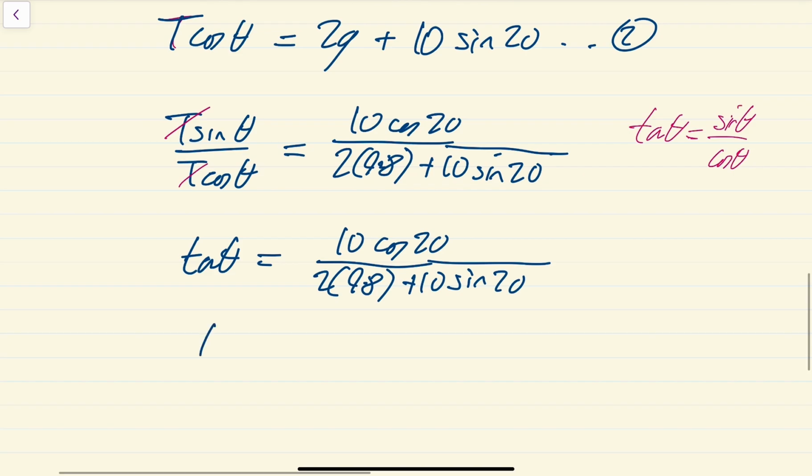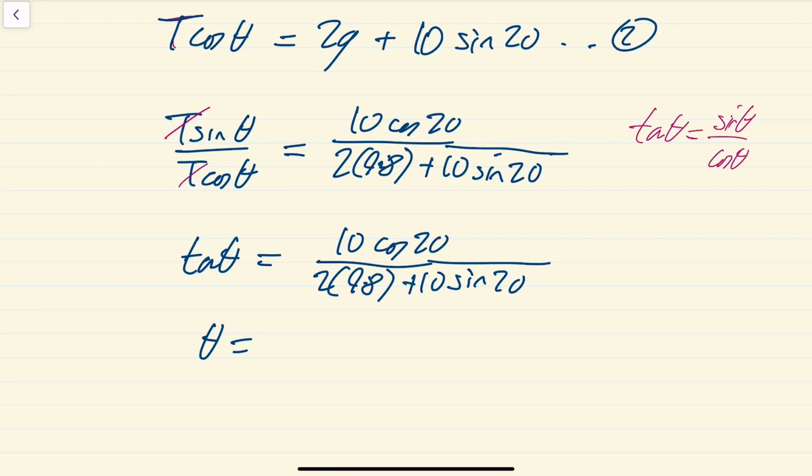And then we're just going to do tan to the minus 1 of that horrible thing there. So tan to the minus 1 of, and then fraction button, 10 times cos of 20. Bottom line then is 2 times 9.8 plus 10 sine of 20.